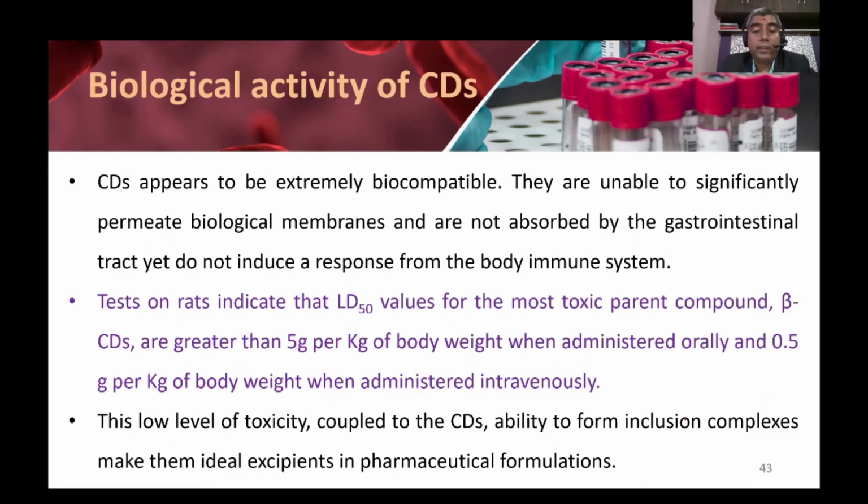Tests on rats indicate that LD50 values for the most toxic parent compound, that is beta cyclodextrin, are greater than 5 gram per kg of body weight when administered orally and 0.5 gram per kg of body weight when administered as an intravenous injection. This low level of toxicity coupled to the cyclodextrin ability to form inclusion complexes make them ideal excipients in pharmaceutical formulations.